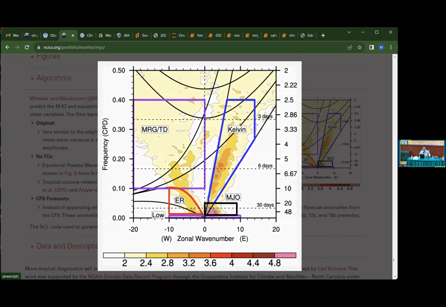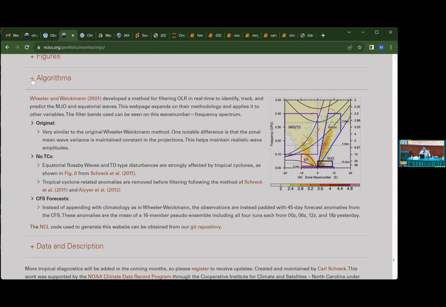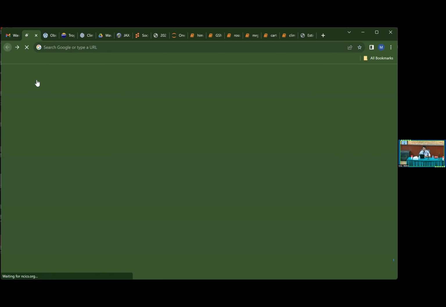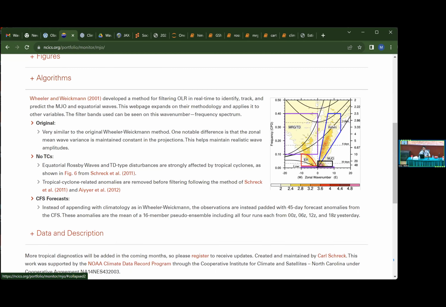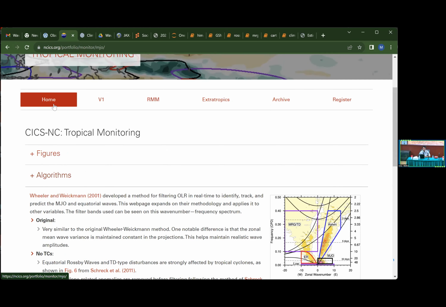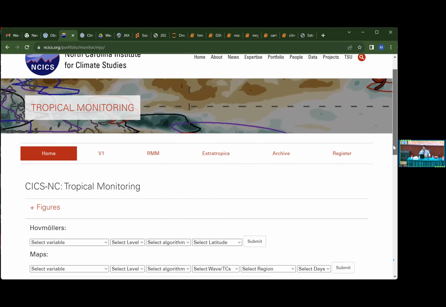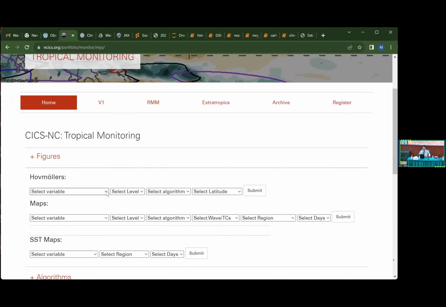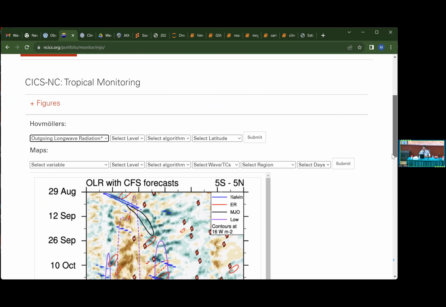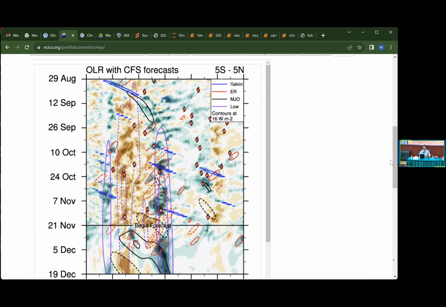Okay, let's move back. We can also find Hovmöller diagrams like this for several parameters, but in this practice we will just use OLR. Unfortunately, in this default Hovmöller product there is no MRG, so we need to plot it by ourselves.